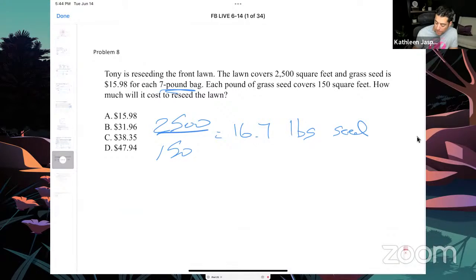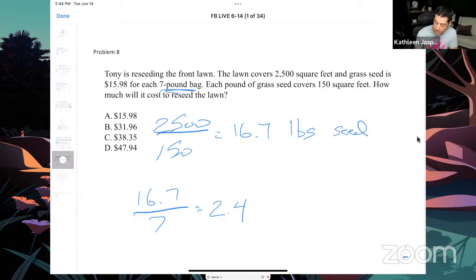Next, we need to figure out how many bags we have. So each is a 7-pound bag. So take 16.7 and divide by 7. And you get roughly 2.4. So if I need 2.4 bags of seed to do this, how much is that going to cost?